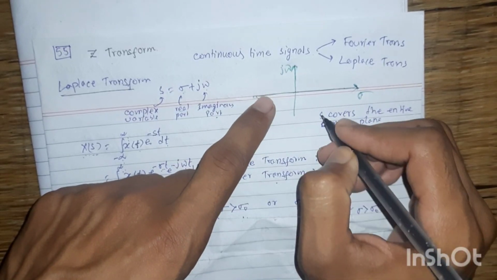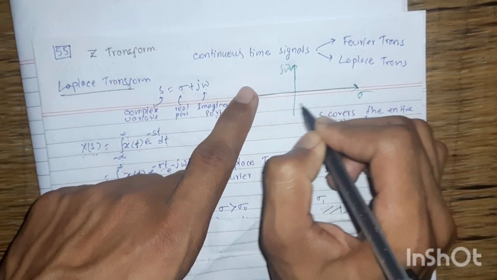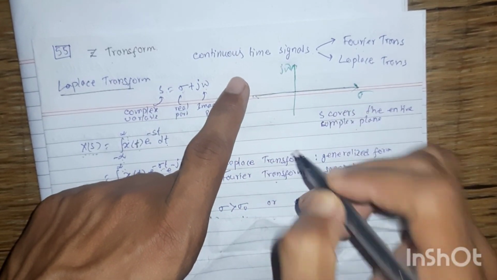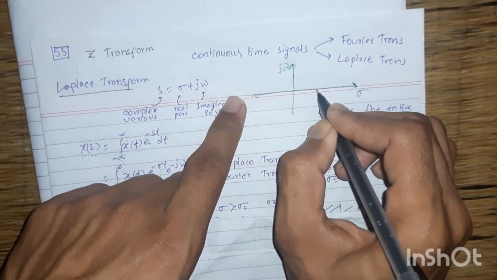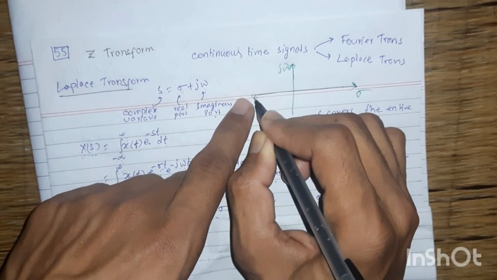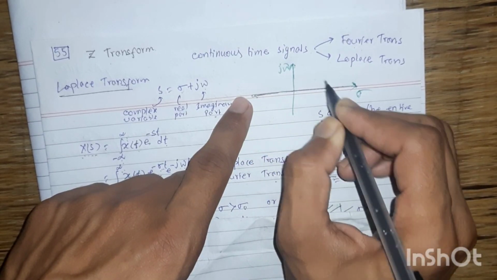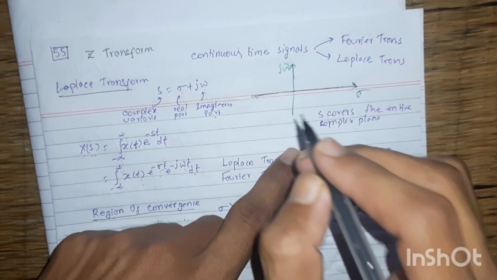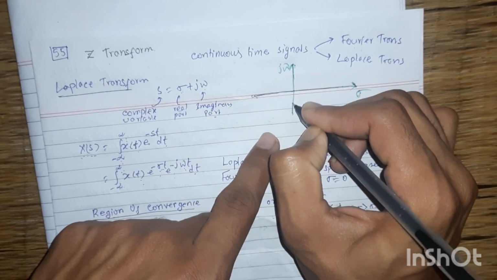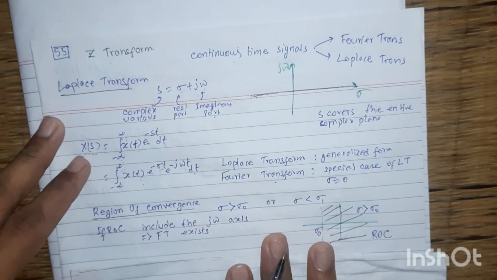Means we can cover the entire S plane in case of Laplace transform. But in case of Fourier transform, we put sigma equal to 0. When we put sigma equal to 0, this real axis is 0 and we take only this imaginary axis, and we take the Fourier transform at only this imaginary axis of the S plane.